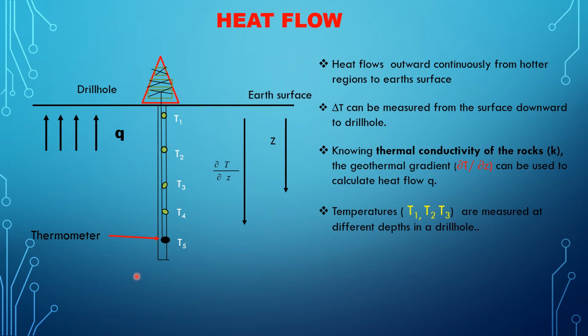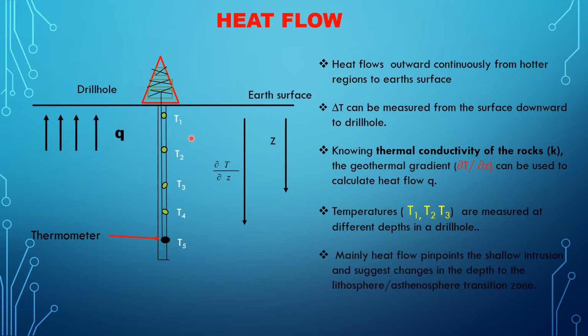With the drill hole, if we know the thermal conductivity of the rock, you can use the geothermal gradient, del T by del Z, the gradient of temperature, to calculate the heat flow by a formula: Q equals K into A into del T by del Z, where Q is the heat flow. Through this formula, you can calculate the flow of heat through the surface of the earth, and these are the temperatures measured at different depths in a drill hole.